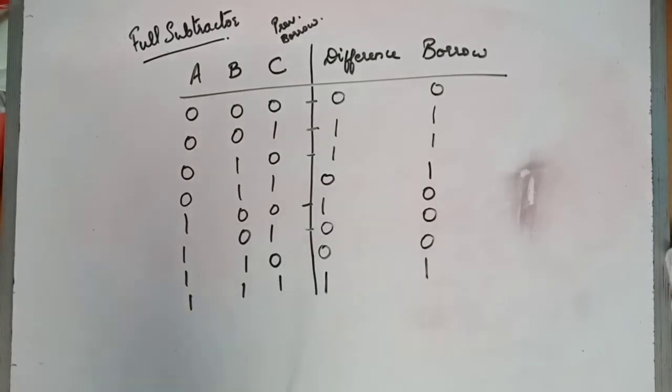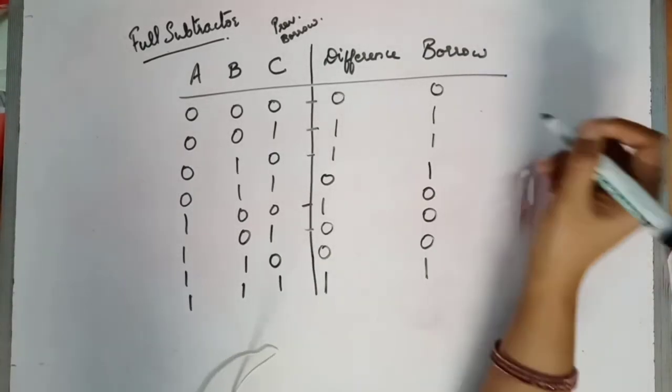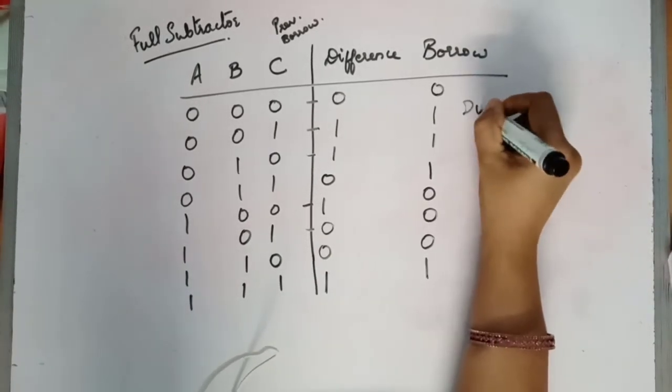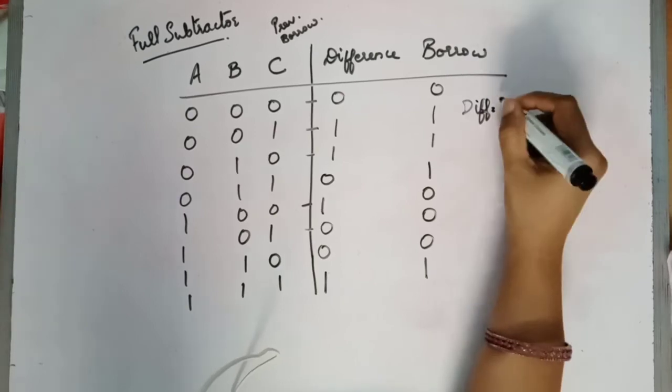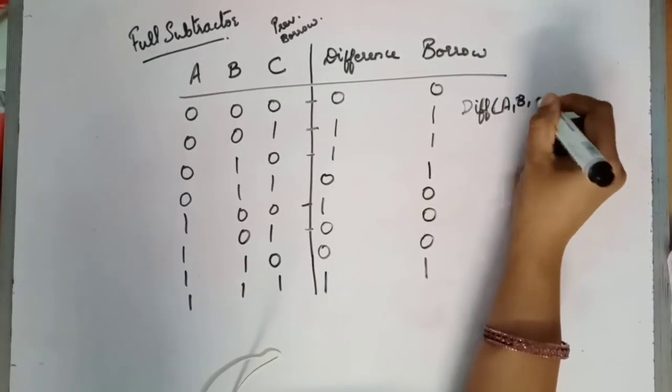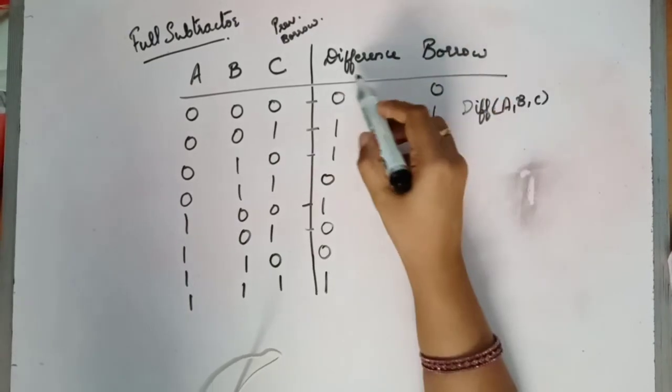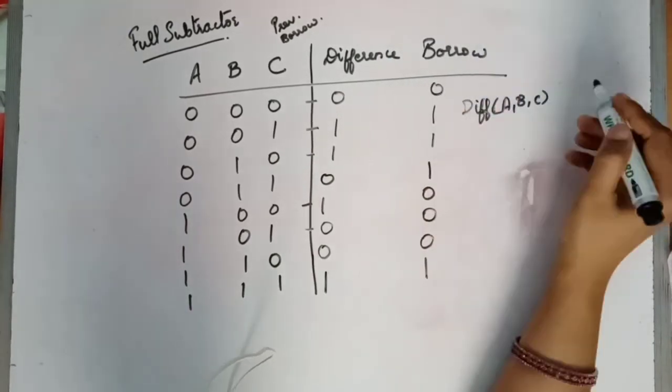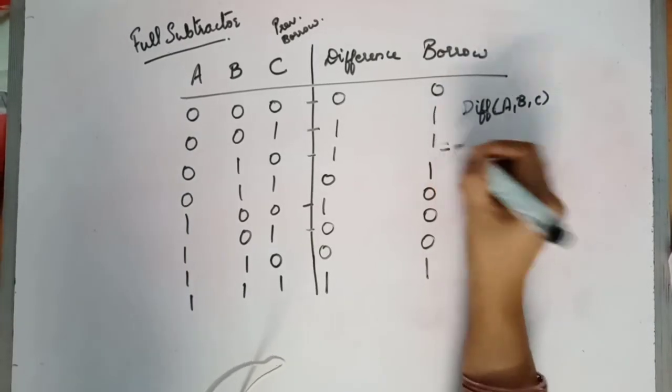So this is your truth table. So you have to write the difference and borrow. Difference is a function of ABC. You have to write the full thing, whatever you are writing here, but since I don't have space, I'm not writing.